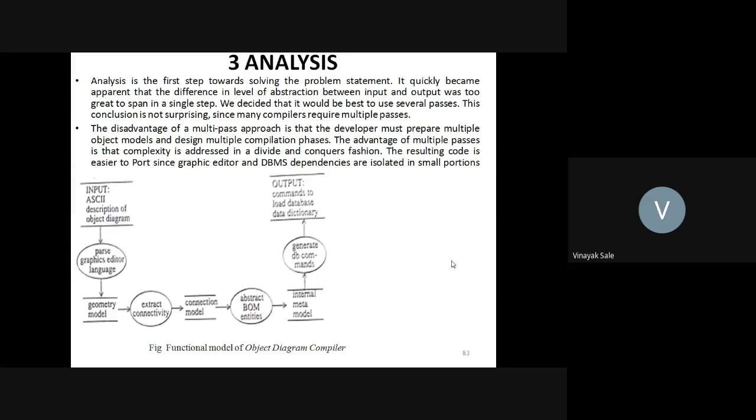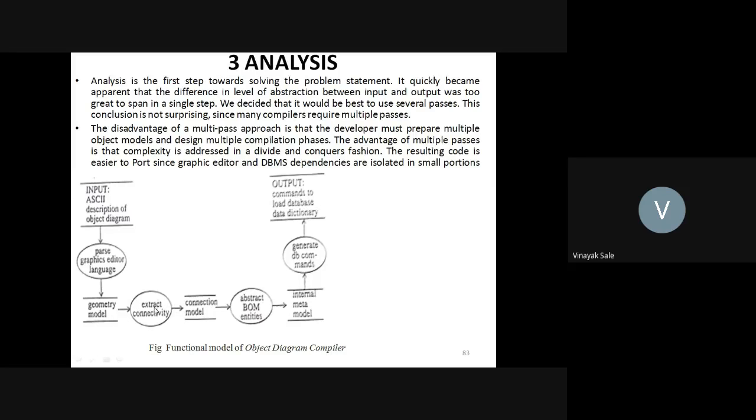So this figure is the functional model of the object diagram compiler. Here the input is an ASCII description of the object diagram, which is sent to the parse graphic editor stage that parses the graphic editor language, then sent to the geometry model, which models that input, and then extracts the connectivity.